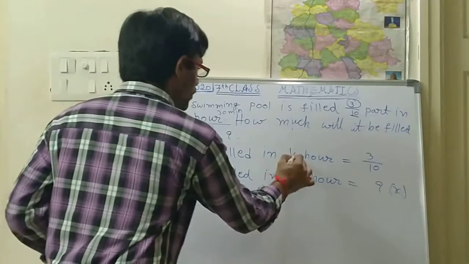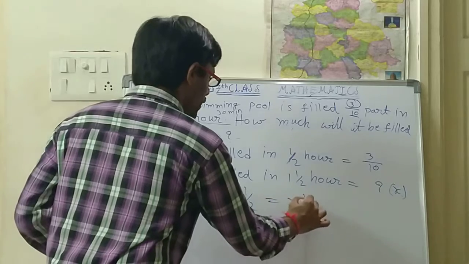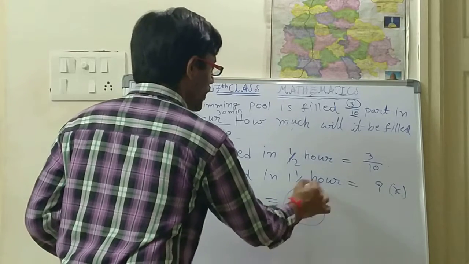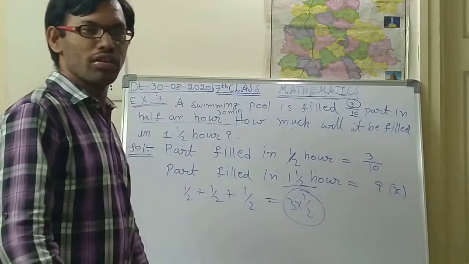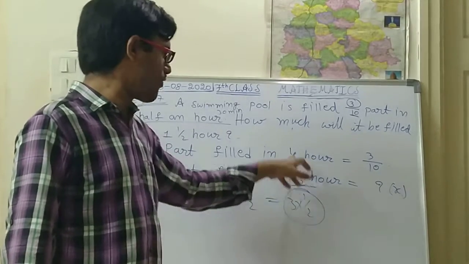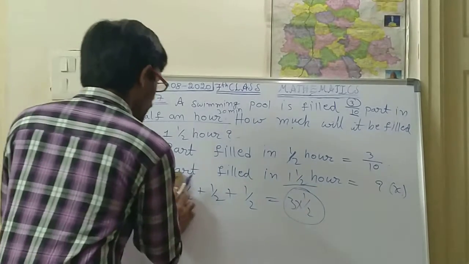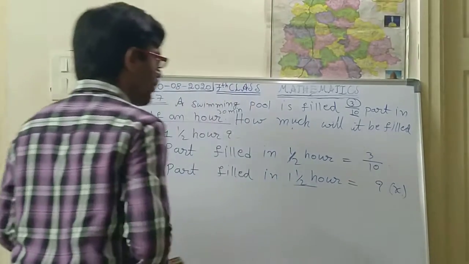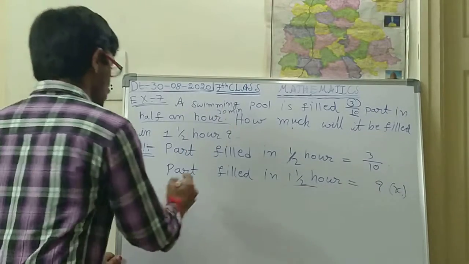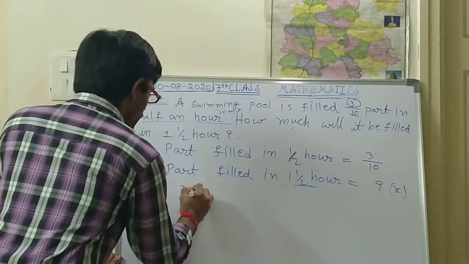So that means 3 into half an hour is 1.5 hour, no? So like that, here 1.5 hour means 3 into half an hour.